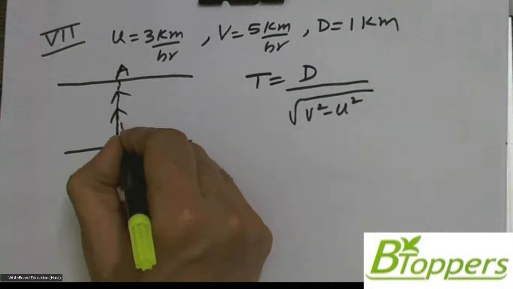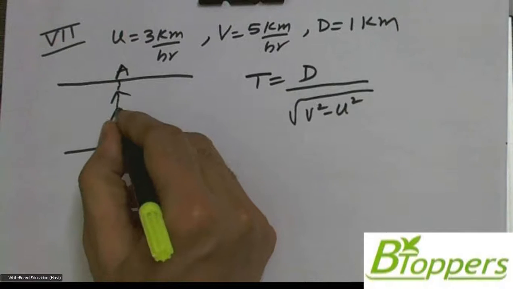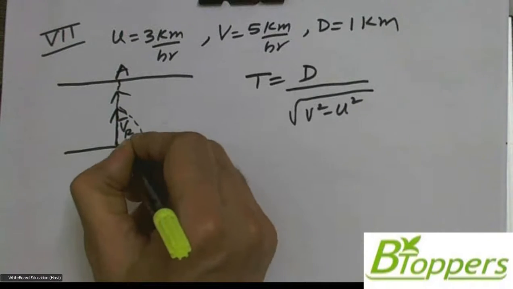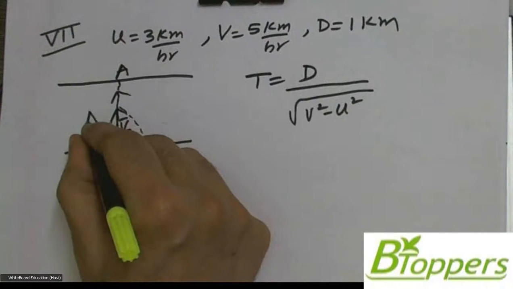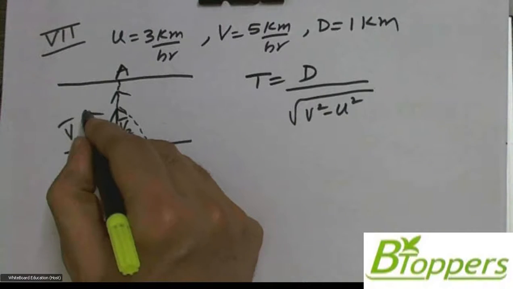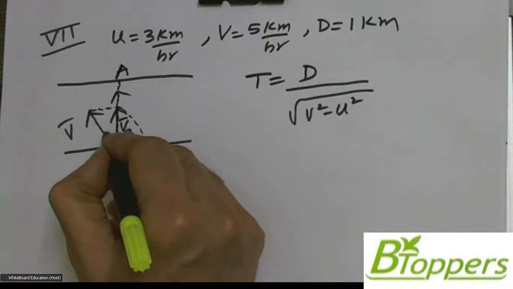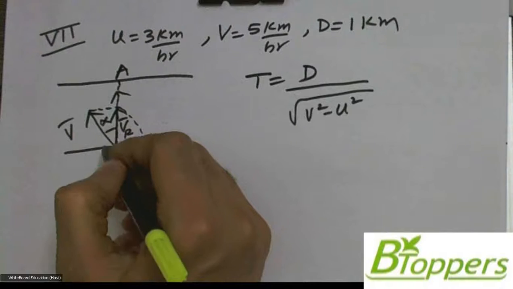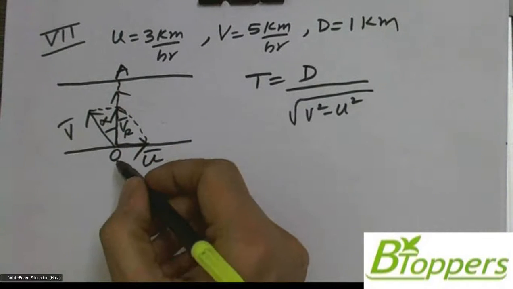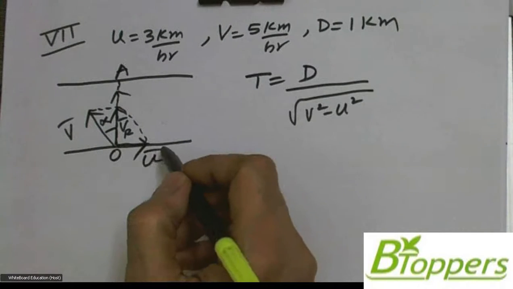That means the resultant velocity is perpendicular to u bar. The resultant velocity must be perpendicular to u bar.